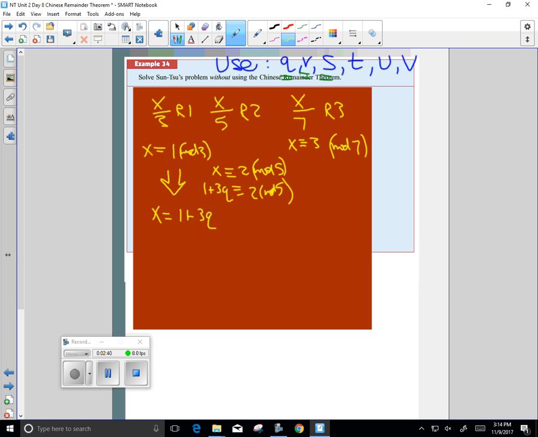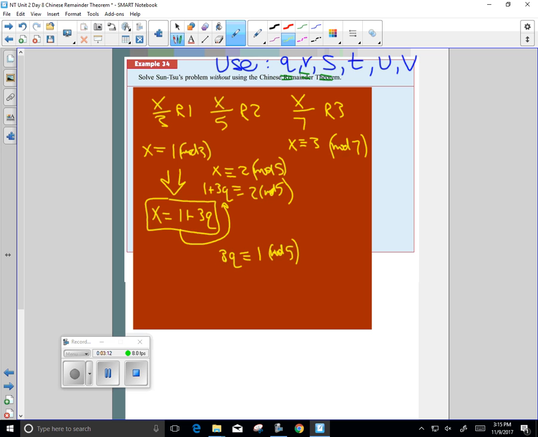I just took this and turned it into a linear equation, and then I moved it to the X position in the second one. And then, of course, you're going to get 3Q is congruent to, if we subtract 1 from both sides, 1 mod 5.